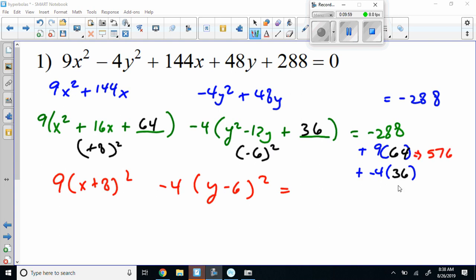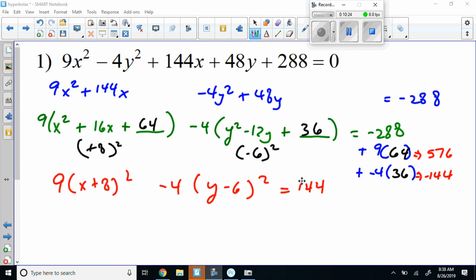What's negative 4 times 36? Negative 144, right? All right, so we got negative 288 plus 576 plus negative 144, right? So what does that give me? Positive 144.